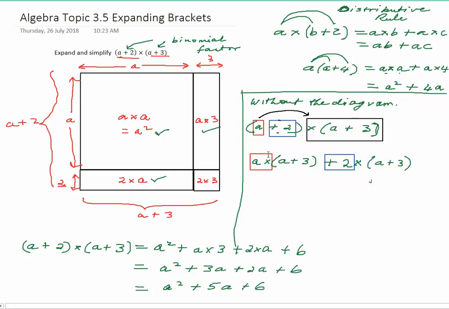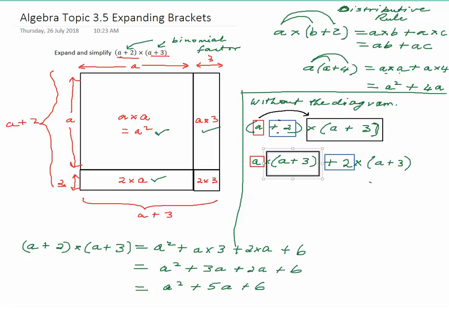And then finally, let's go back to black. You see the black part is all of this. It's just repeated. So what I've done there is applied the distributive rule.